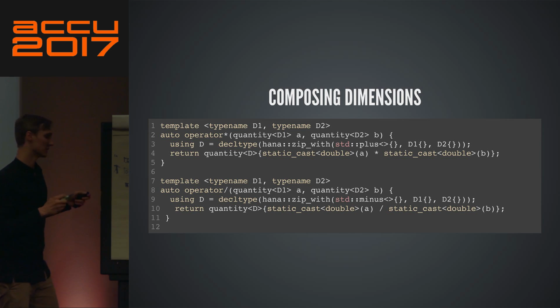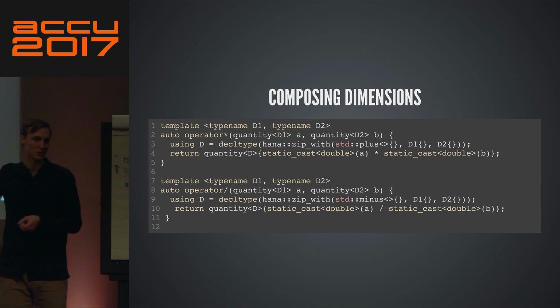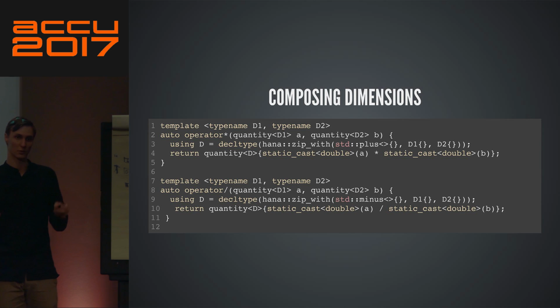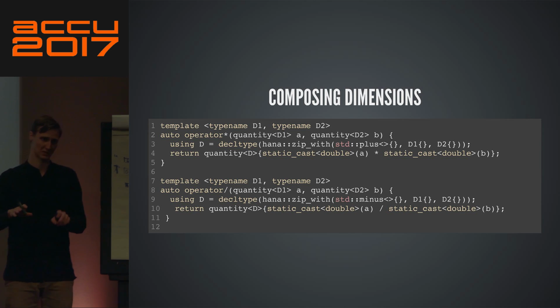And so the way I'm doing this is a binary std transform. So std transform takes 1 or 2 sequences. In our case, we're using the 2-sequence case. And then it takes a function that takes 2 elements and just applies the function on pairs of elements.